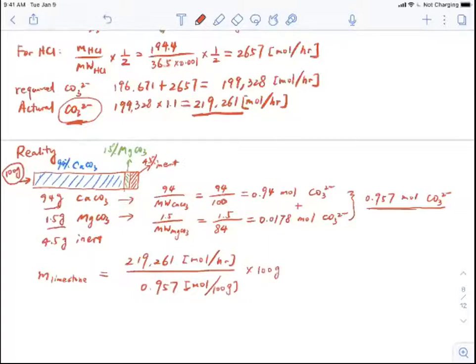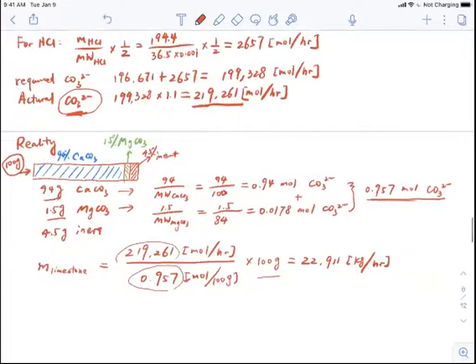So basically it's taking the ratio between our target and the amount of carbonate ions that can be provided per unit mass of the limestone, and multiplying that by the unit mass. So the final answer you can get is 22,911 kilogram per hour. This is the total amount of limestone that's required to put into the limestone scrubber system.